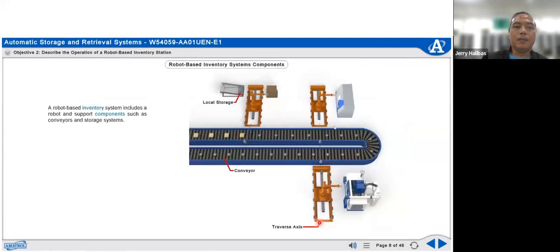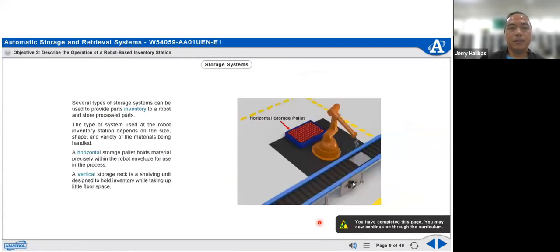A robot-based inventory system includes a robot and the support components such as the conveyors and storage systems. In this example, it is using a horizontal storage pallet for the storage.